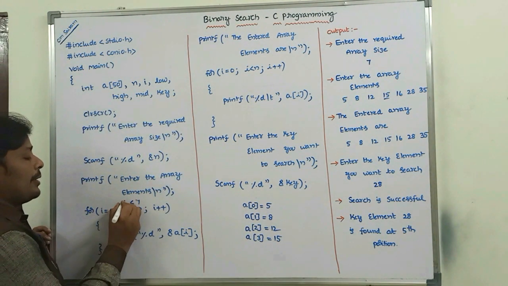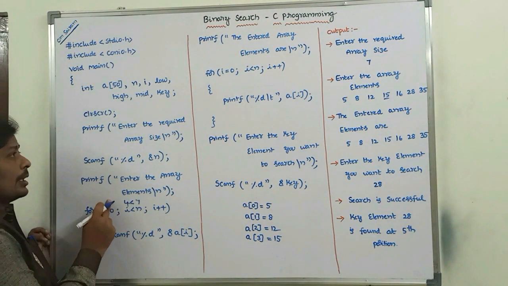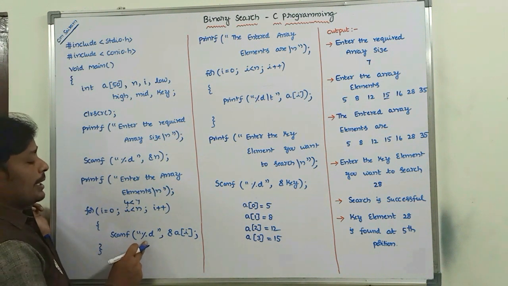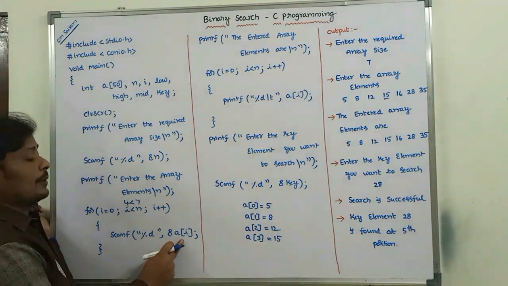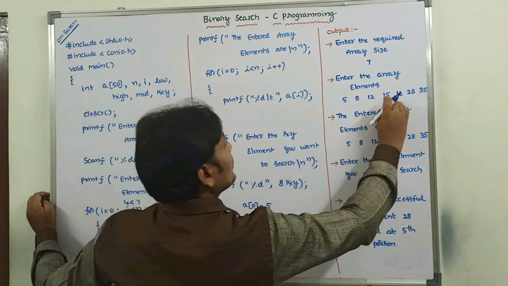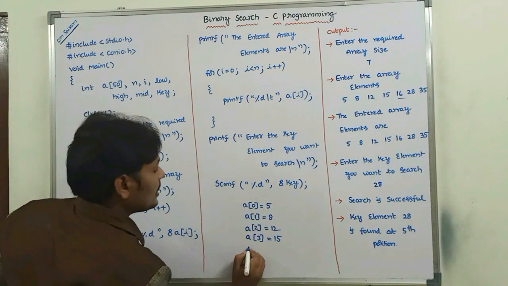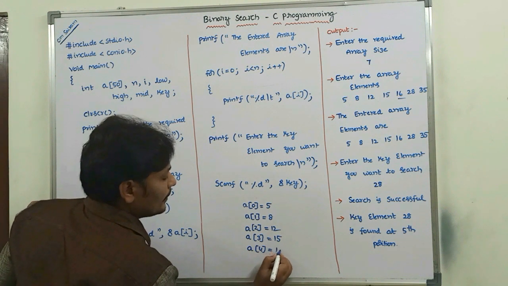Now i is 4. 4 less than 7, condition true. The control goes to the body of the for loop. scanf("%d", &a[4]). The a[4] value read from the keyboard is 16. Therefore a[4] is equal to 16.